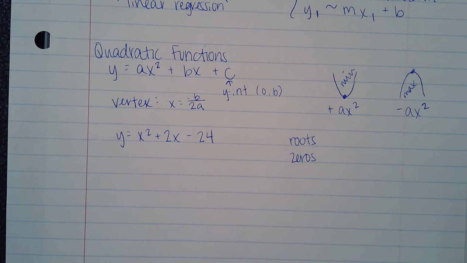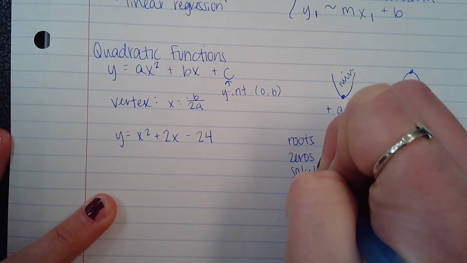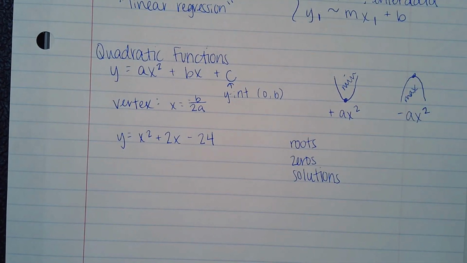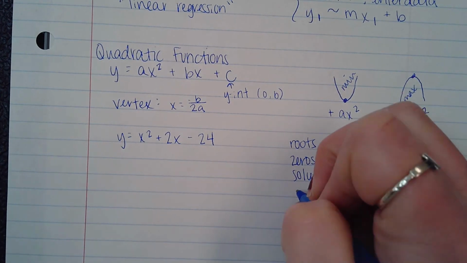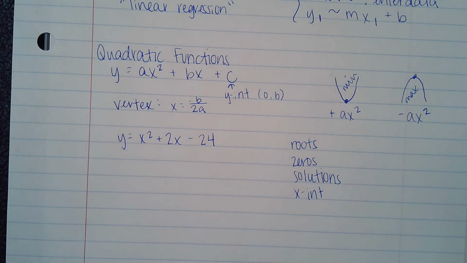Starts with an S? It's not the problem, but the solutions. And then the last one, they're not the y-intercepts, but the x-intercepts. So if you're asked to find roots, zeros, solutions, x-intercepts, any of that, they're all talking about the same thing.